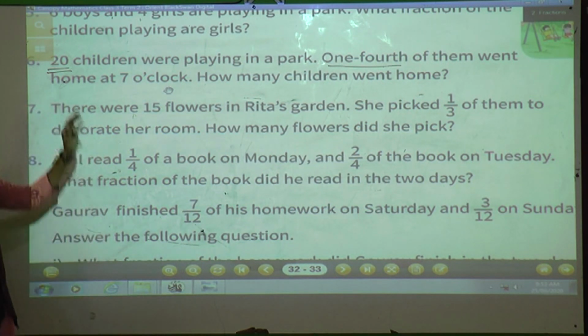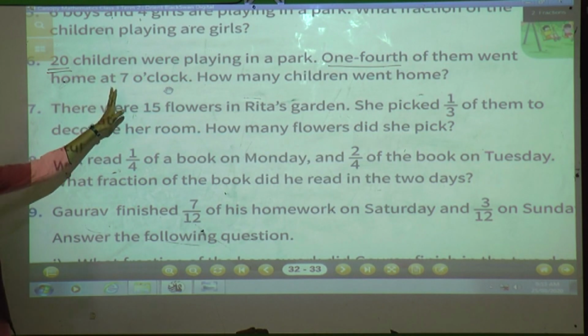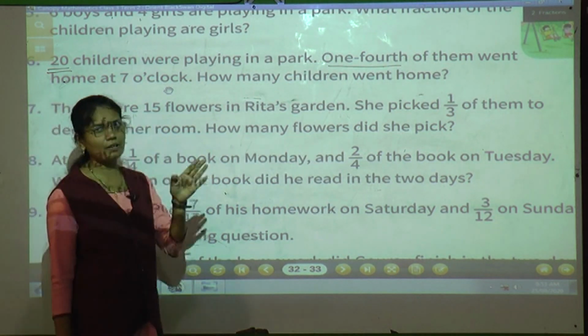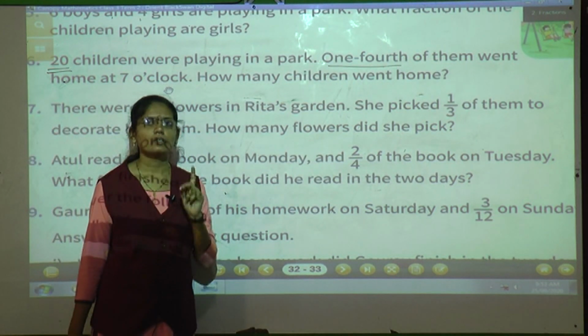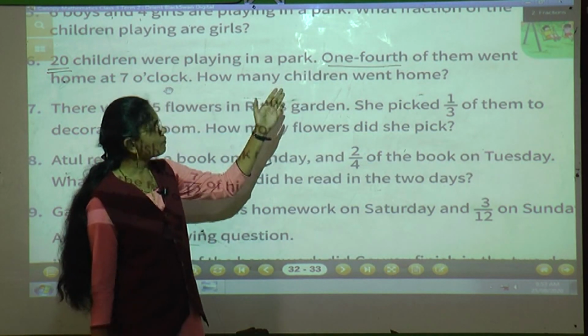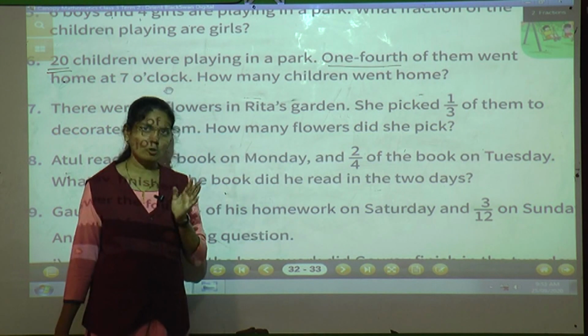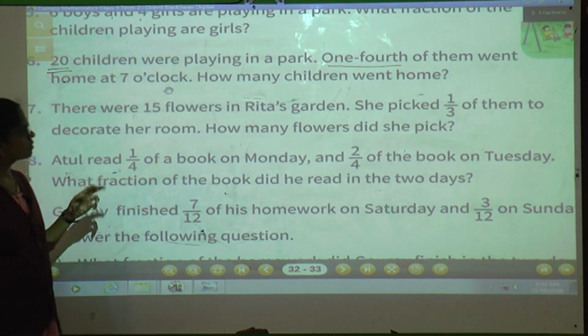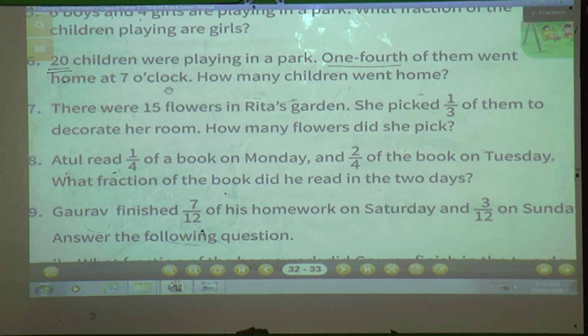What they had given us? They had given us total number of children. How many children were there in the park? In the park there were 20 children. Okay. And out of that 20, 1/4 children went home at 7 o'clock. So the question is, how many children went home? How will you solve this?